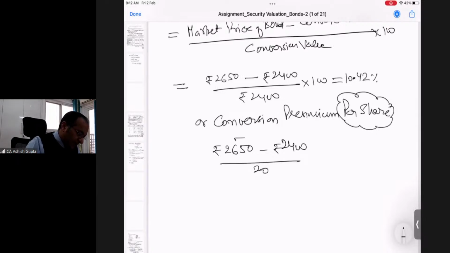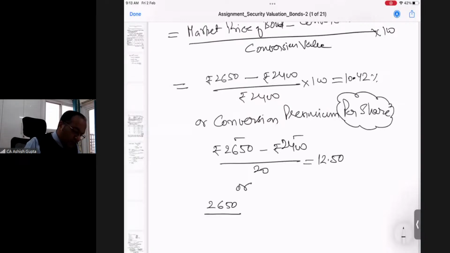Because this is the price I have paid to acquire 20 shares, and this is the value. Accordingly, it comes to 12.50. Or it can also be computed that way.